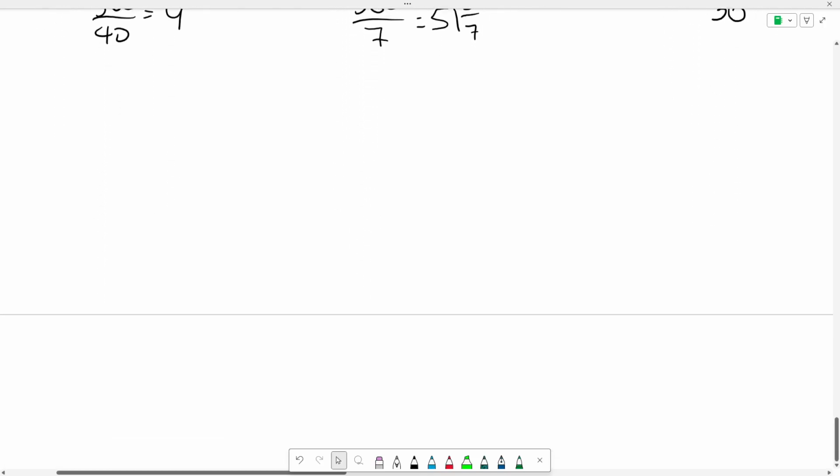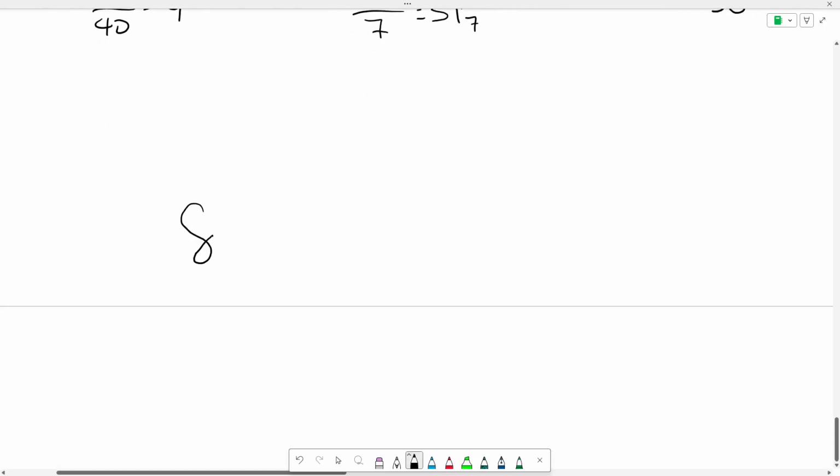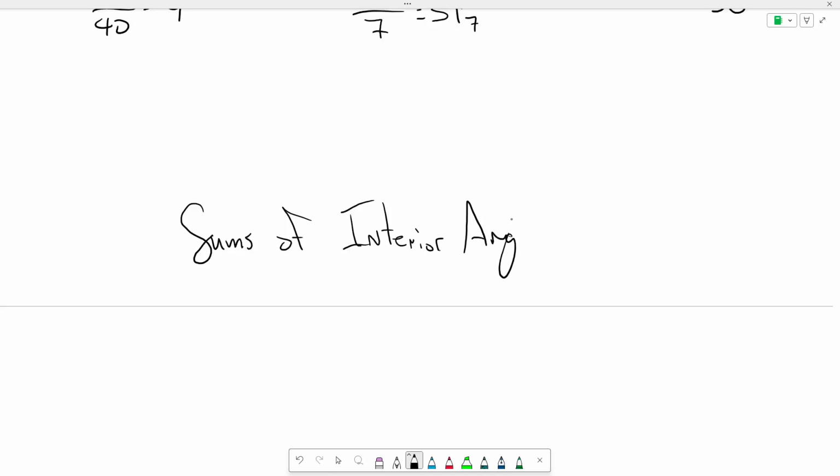So, sums of interior angles are going to be the number of sides minus 2 times 180.